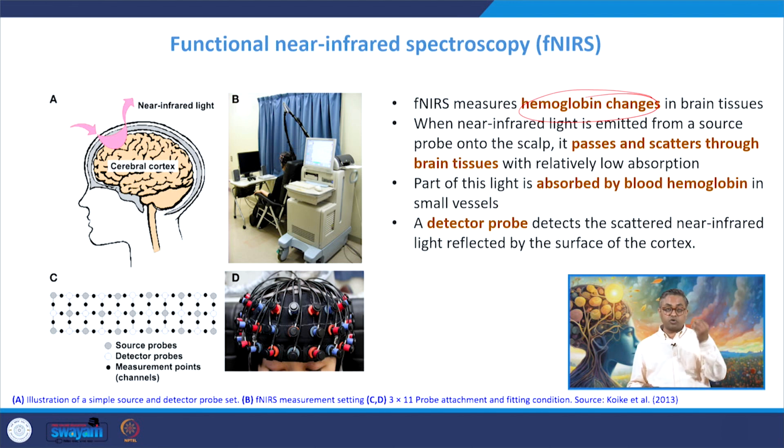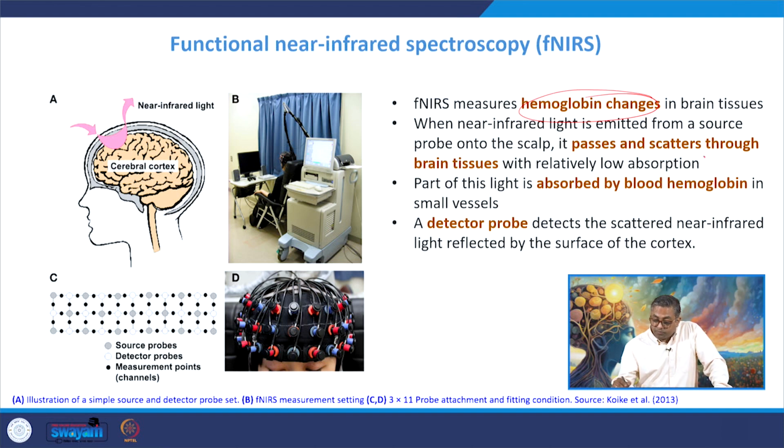Light is emitted from one diode and captured by another diode. Because of the change of hemoglobin in the blood stream, the wavelength which is retrieved back changes. This is placed just like the EEG system. It is also not mobile, the device is fixed and it is very expensive. However, as I said, the precision is there with the spatial and temporal information.